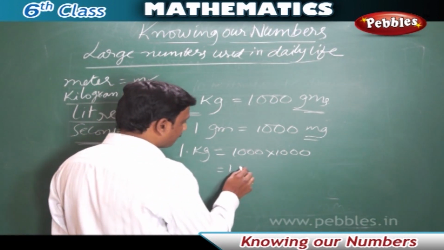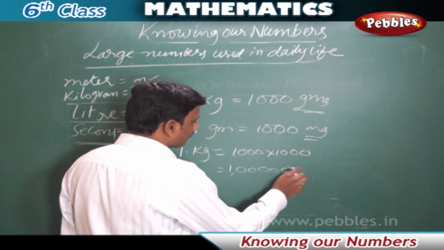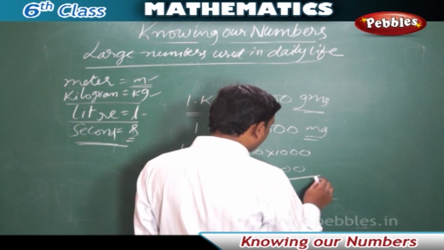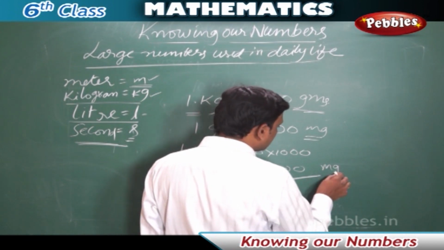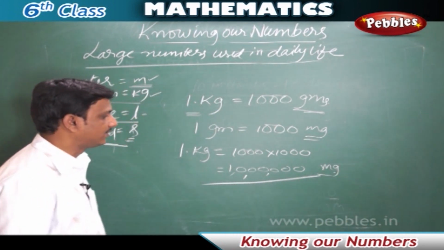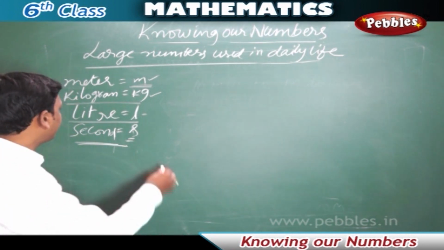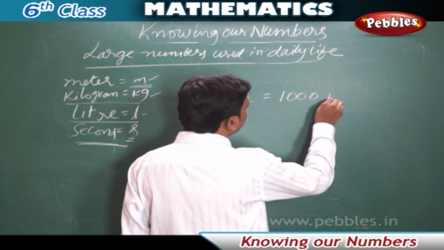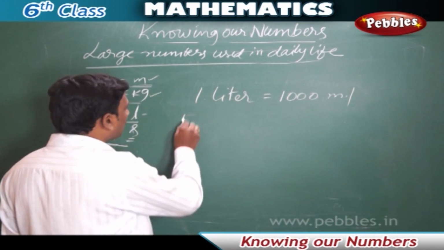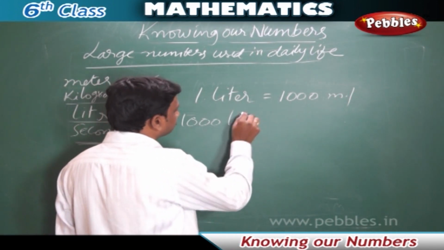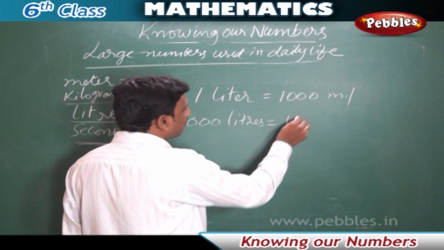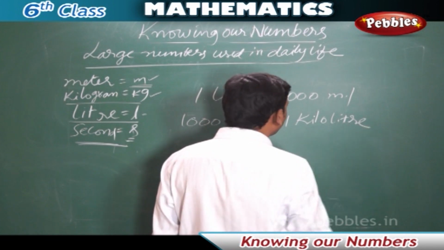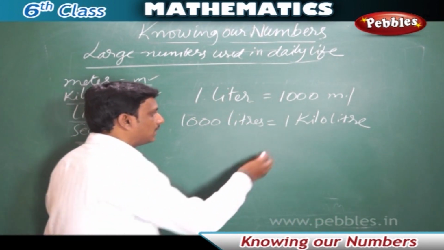So 1 kg is equal to 10 lakh milligrams if we want to express 1 kg in milligrams. And even if we see the volume, 1 liter is equal to 1000 milliliters, and 1000 liters is equal to 1 kiloliter. So a kiloliter is a very big volume.